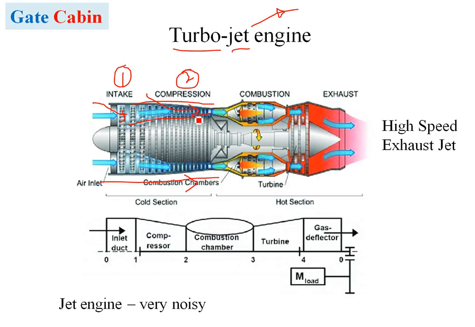So the role of the compressor is to compress the air, and you can see here there are many blades, stator and rotor blades, which are present. So this is a multi-stage compressor. If we have a single blade of rotor in the compressor, then we call it a single stage.